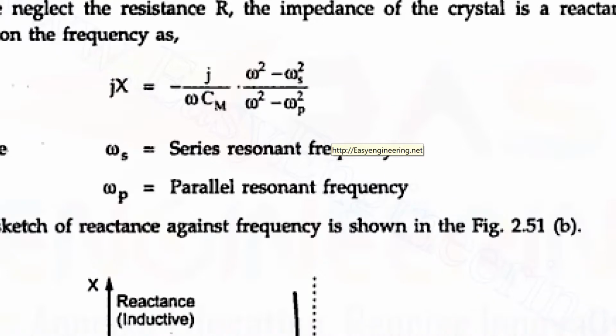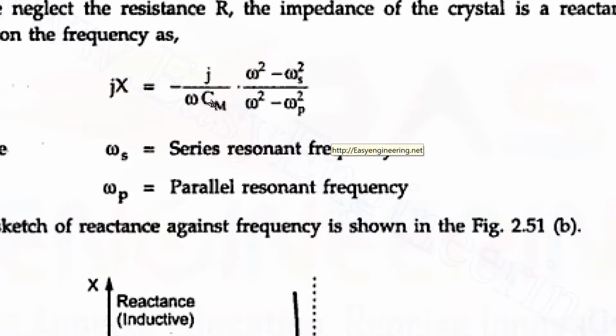So when omega is very large, the second part, omega square minus omega s square, is nearly equal to omega square, and omega square minus omega p square is also nearly equal to omega square. So omega square will cancel.